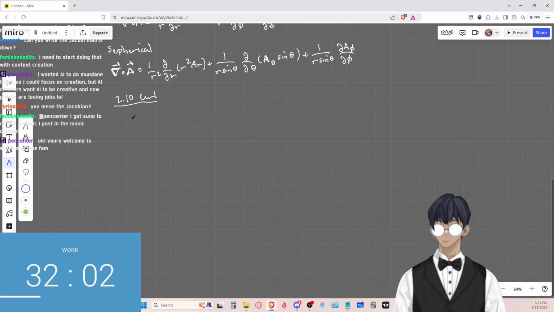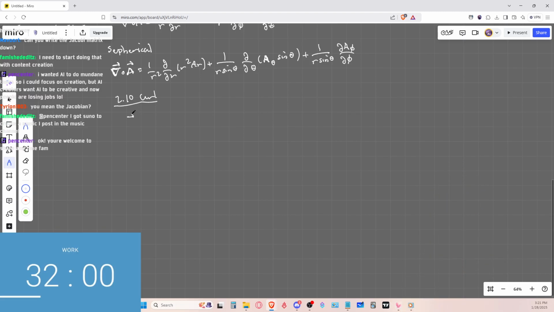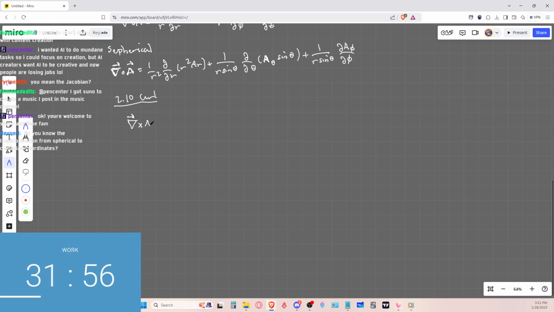Okay, so curl. Actually, curl and divergence, I think they're both very interesting because they're really involved with fields. I think vectors are what interest me in math mainly because they're so involved with physics.